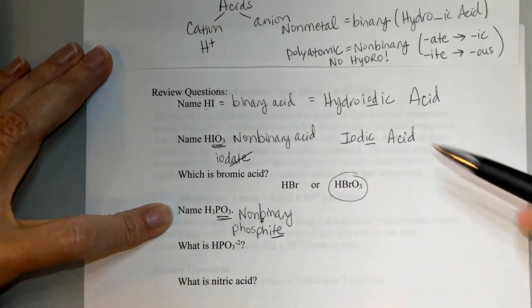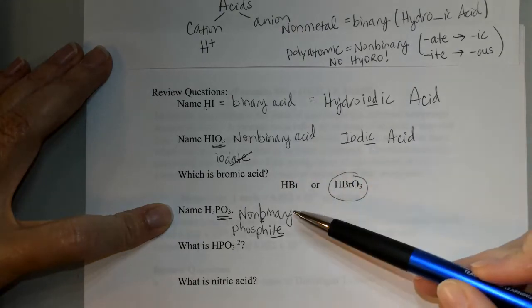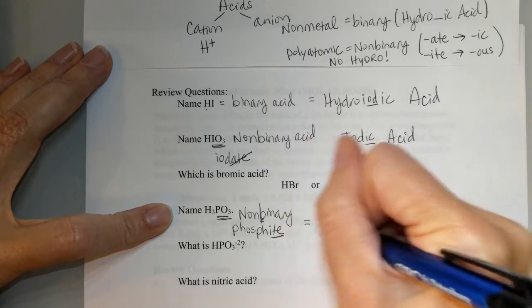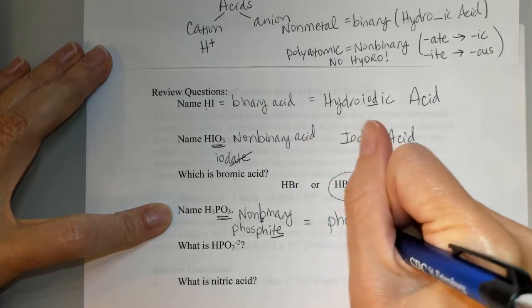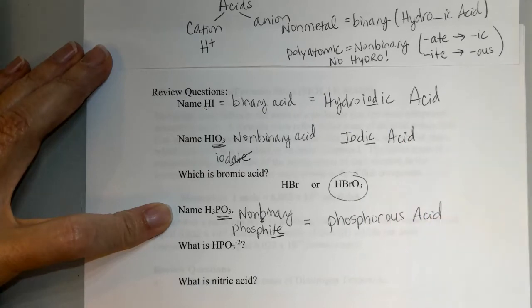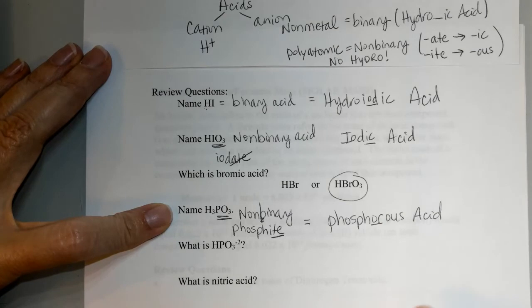So what we saw earlier is with the iodate, ate goes to ic, but with ite it goes to ous. Now instead of phosphous, we're going to say phosphorous acid. So sulfur and phosphorus are the only two that kind of bring back that extra syllable. So instead of it just being phosphous, it's phosphorous acid.